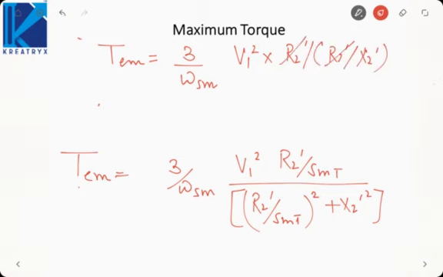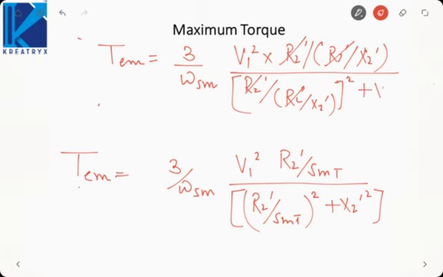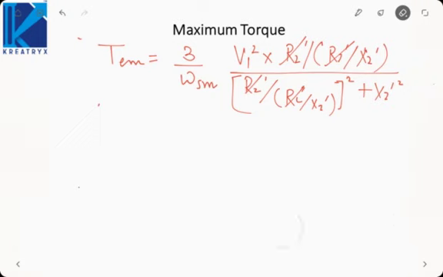So this will get cancelled out. Over this will be R2 dash divided by R2 dash by X2 dash. So this will also get cancelled out, plus X2 dash square. So how much will this come out?